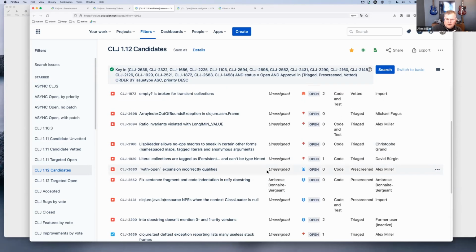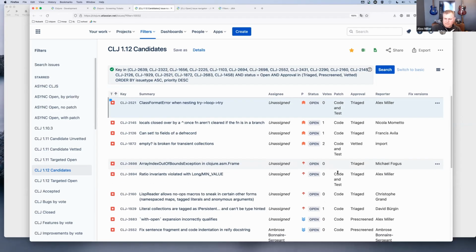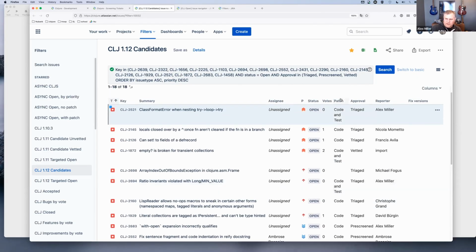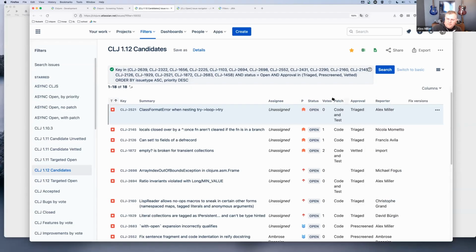And if you wanted to actually work on fixing these, most of these have patches. This one is not marked as having a patch, but might. Another thing to mention is that if you look at this filter, you might have different columns. You can change those by changing the column set that is your default set. Your set is probably different than my set, so you can edit those.